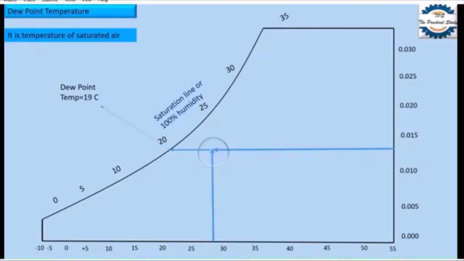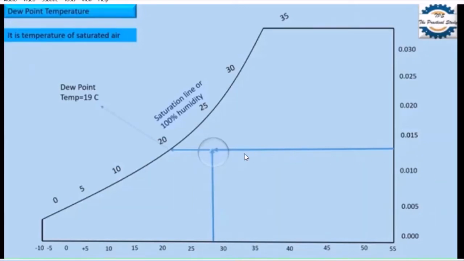Once you know the values of both, that is specific humidity and dry bulb temperature, both have to be extended: dry bulb temperature towards the top, specific humidity towards the left, so that at one point both intersect.